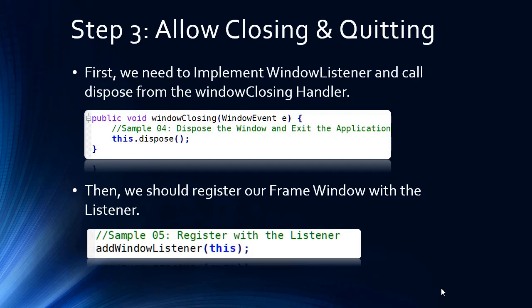That means the frame window class is a window class as well as a listener. So I can say that it is listening to itself since we pass this. If we create a separate class that implements the listener, then we can pass that instance here.